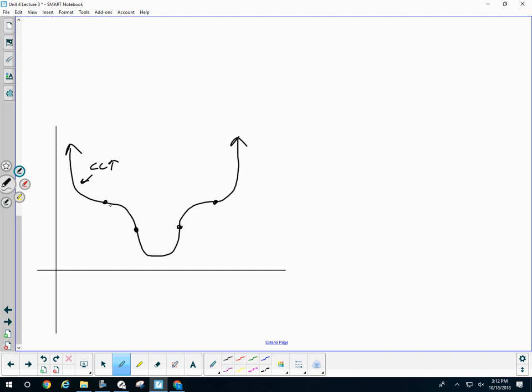This piece right here, it is opening downwards. So right there, we switch from being concave up to concave down. Then, after we hit this point, we go from concave down to concave up. And then we can see we're concave up increasing, concave down increasing, and concave up.